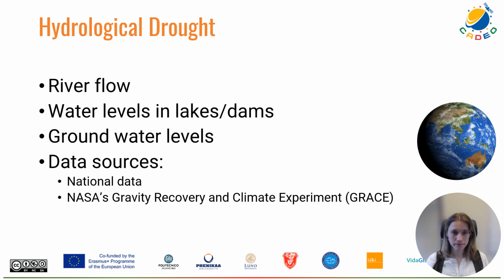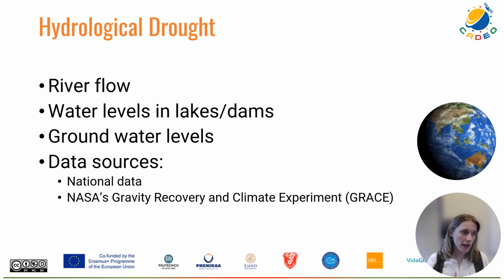But there are remote sensing or Earth observation alternatives. For example, NASA has a Gravity Recovery and Climate Experiment project, the GRACE project, which uses gravity. So it's a satellite-based product that uses gravity to measure the groundwater level or assess groundwater levels across the globe.